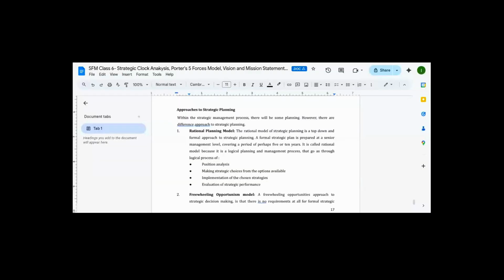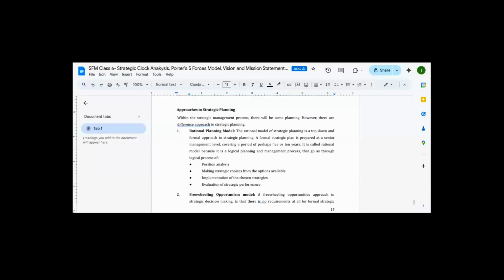Okay, thank you. So rational planning is a holistic planning that is done by the top management. We call it holistic planning because it has a formal and logical process that the company will pass through. And it is holistic because it requires major strategic plans, not just minor plans.